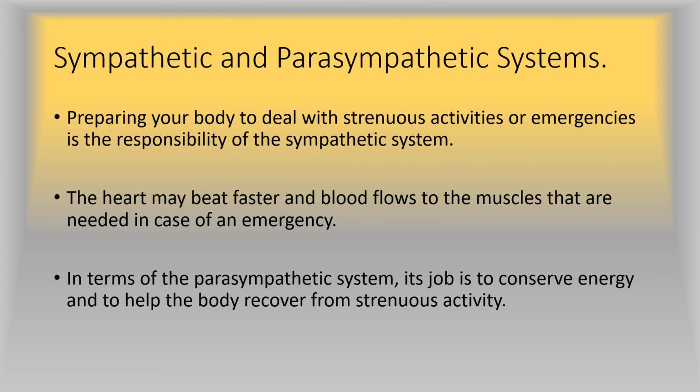Maybe you're exercising, running or jogging, or you're upset about something, maybe watching a scary movie, or there's something going on in your personal life that has you very upset or nervous. So this prepares your body to deal with this.